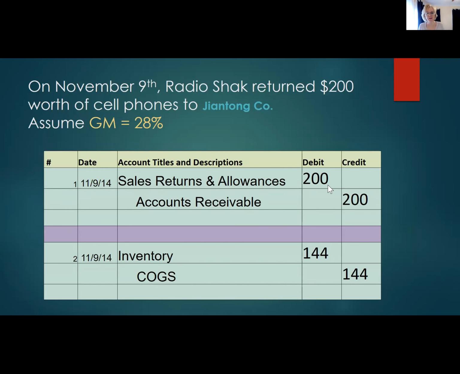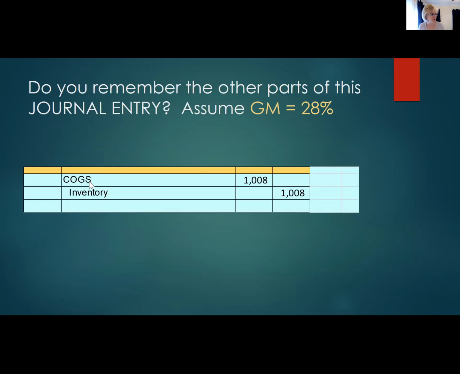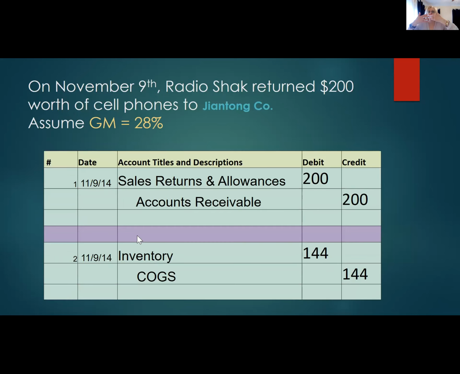So sales returns and allowances 200, and then we reverse the other entry here, debit inventory, credit cost of goods sold, because Jiantong is taking the inventory back, so we're putting it back, and the 144 is going to be 72% of $200.